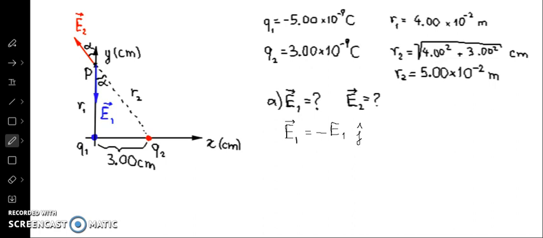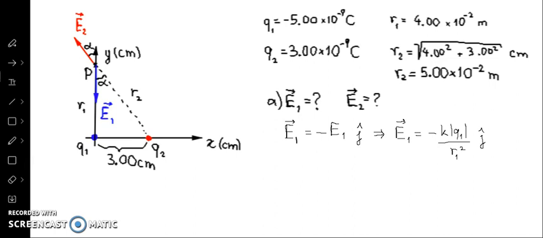I use the electric field formula for a point particle. That's k times Q1 divided by R1 squared. Note that I'm using the absolute value of charge Q1 because I have already determined the direction of vector E1. It's pointing down, so I have used the information that Q1 is a negatively charged particle.